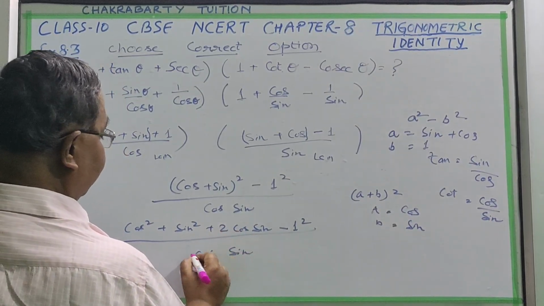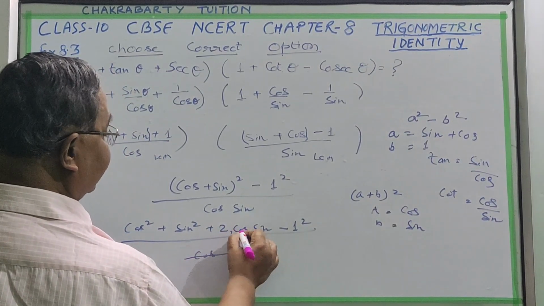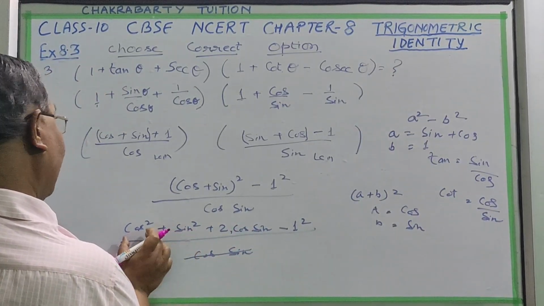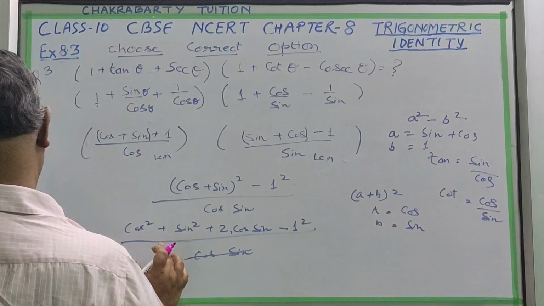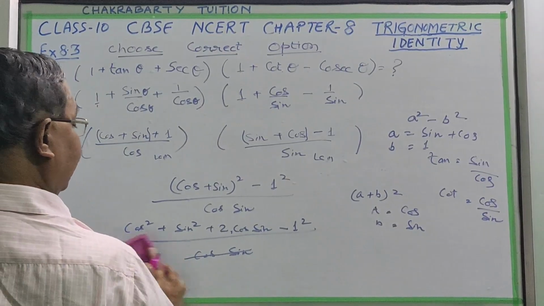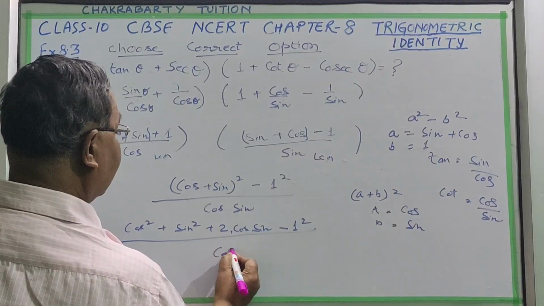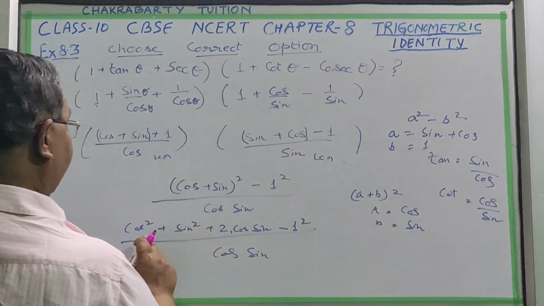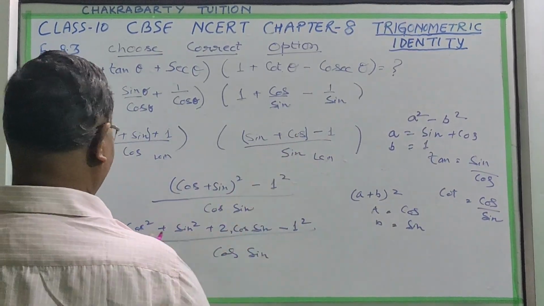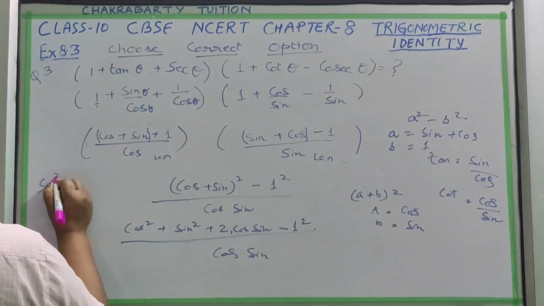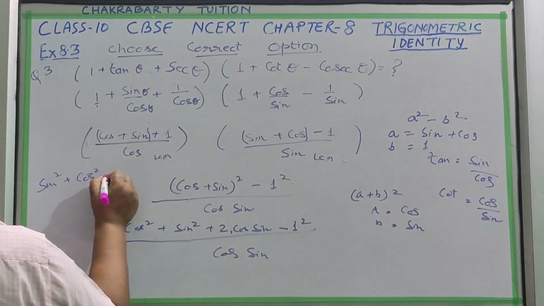Here cos upon sine will be below everywhere. And we have one identity: sine square plus cos square is equal to 1.